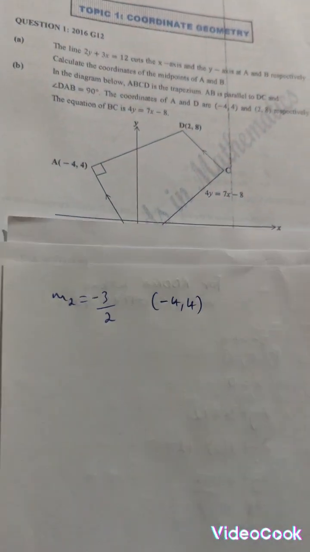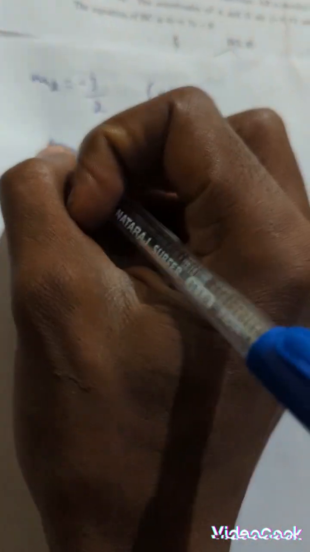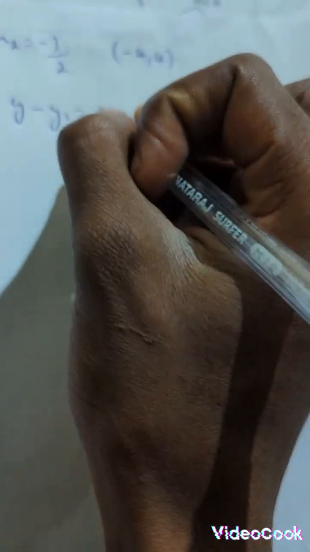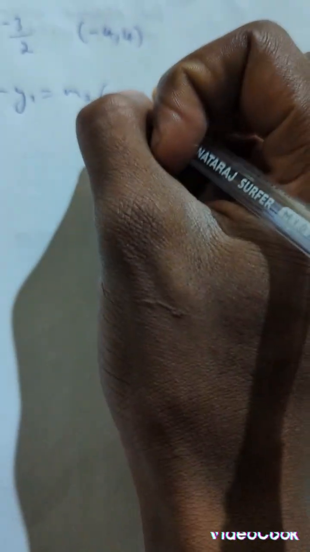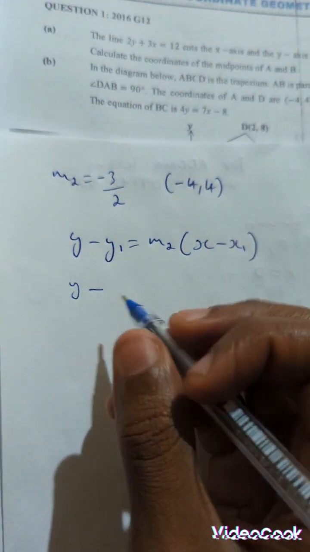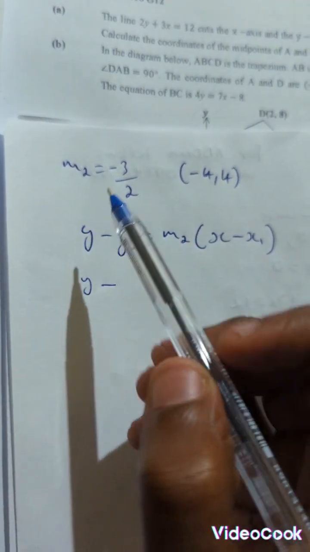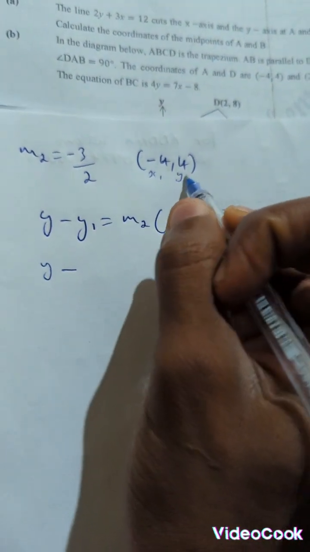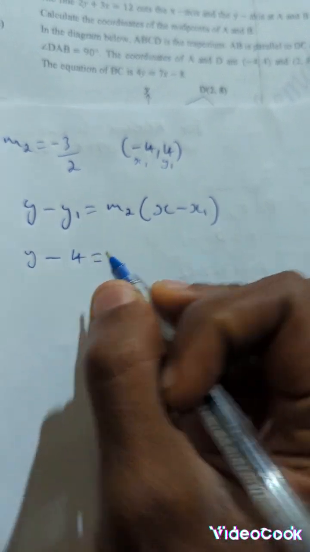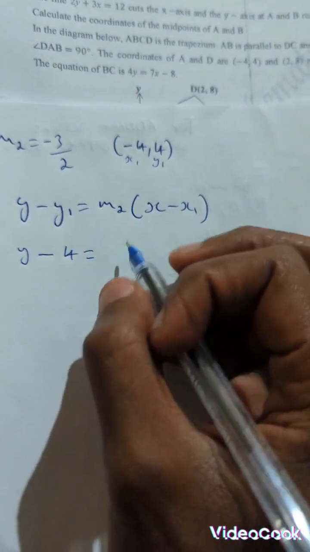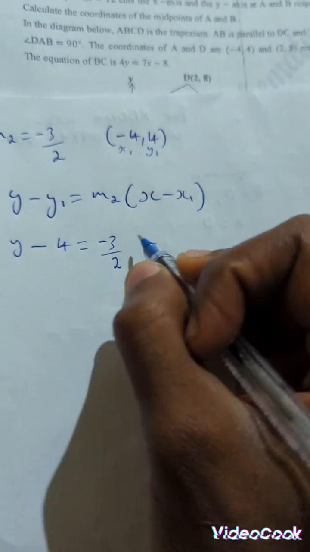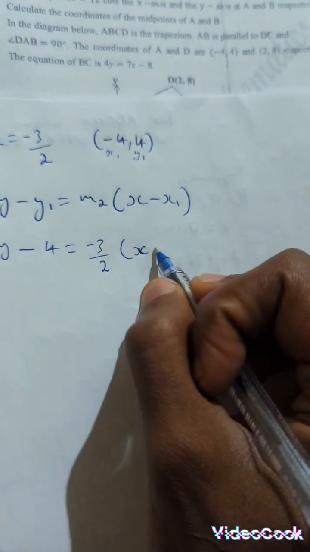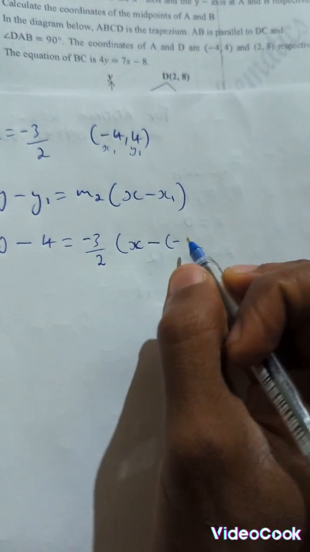So we're going to write our formula: y minus y1 is equal to m2, because we're using m2, times x minus x1. This is our x1, this is our y1. So y minus 4 is equal to our m2, which is negative 3 over 2, then x minus negative 4.